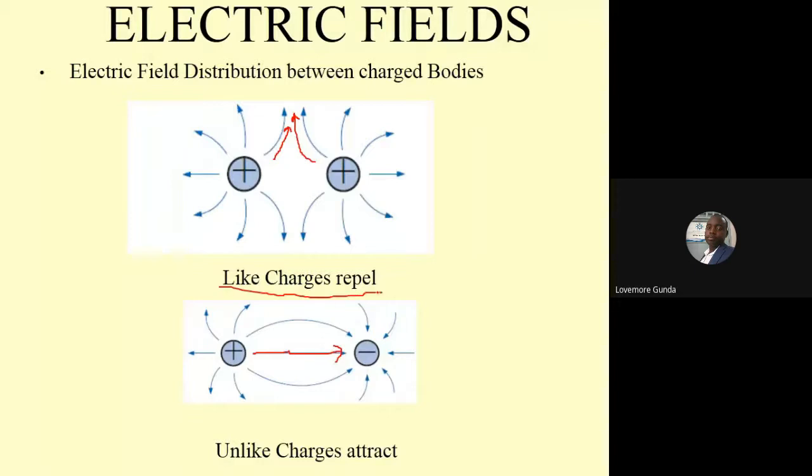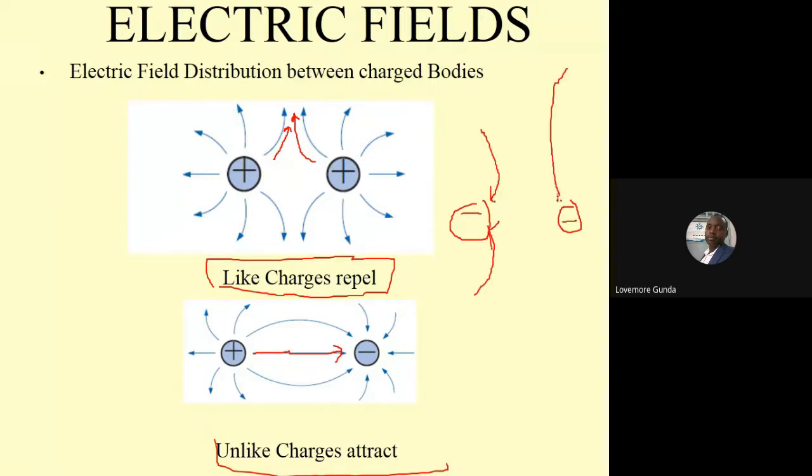So like charges will repel and unlike charges will attract. So it means if you also add a negative and a negative, the flux will be coming into the body like that. But again, they will not meet. There will still be repulsion because of that scenario. That's what we are talking about in terms of the charges. Okay?